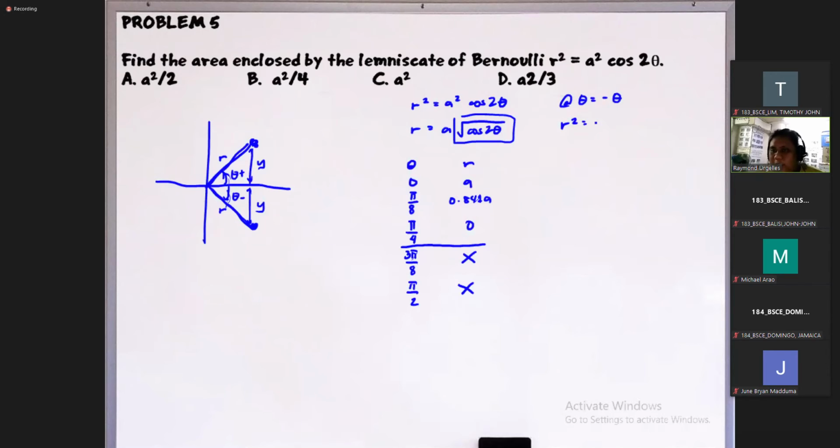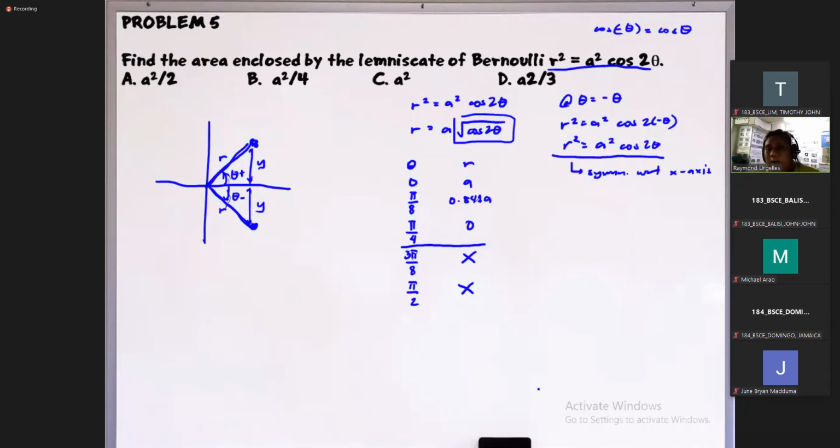Then you get r squared equals a squared cosine of 2 times negative theta. Using the properties of cosine, cosine of negative theta is just equal to cosine of theta, so this becomes a squared cosine 2 theta. Our equation did not change; it is the same equation even if you replace theta with negative theta. This means it is symmetric with respect to the x-axis.